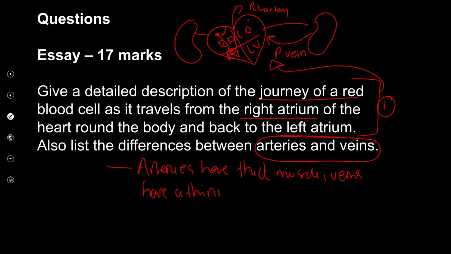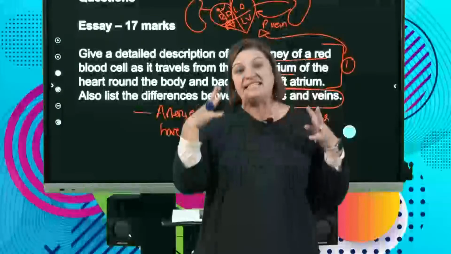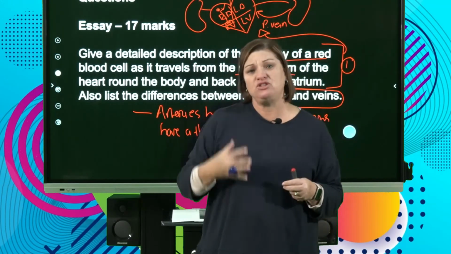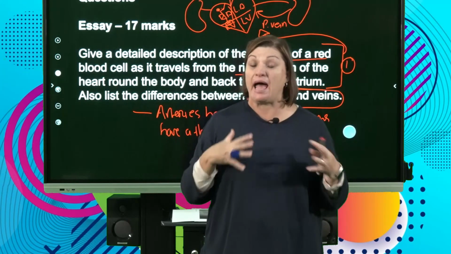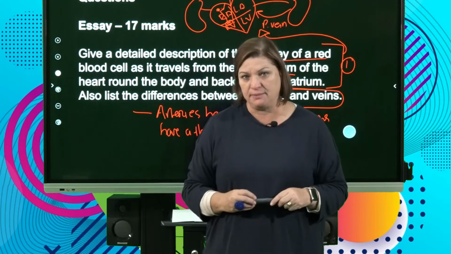So there we go. Do you see I've taken 1 point and I've got 2 there. And I'll do that for all of the different parts. So as I say to you, essay, 17 marks. Usually 14 points that you have to come up with, and 3 points the teacher's going to give you for how well you wrote your essay, did you have your concepts, etc.